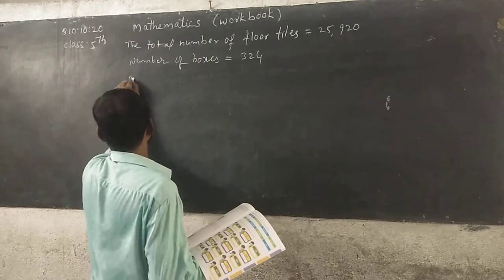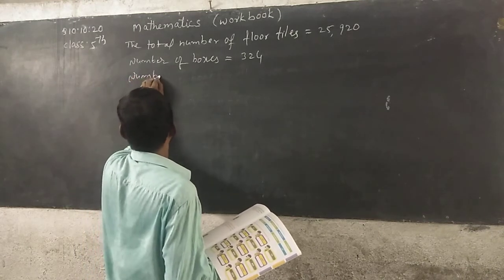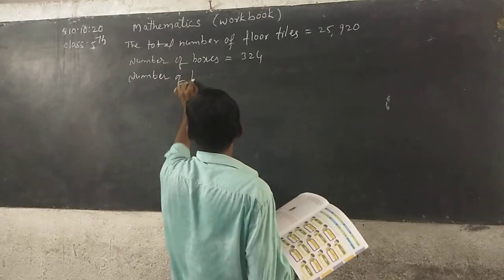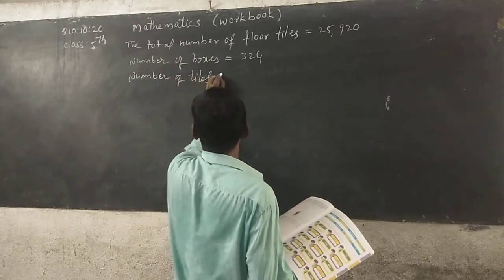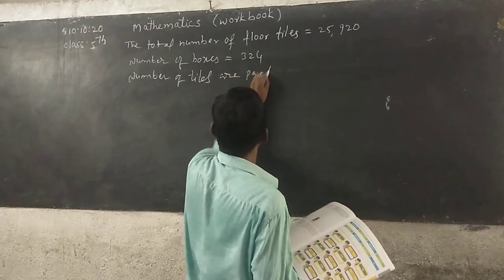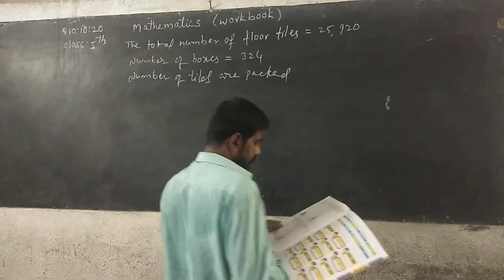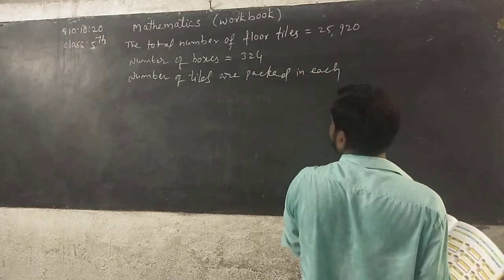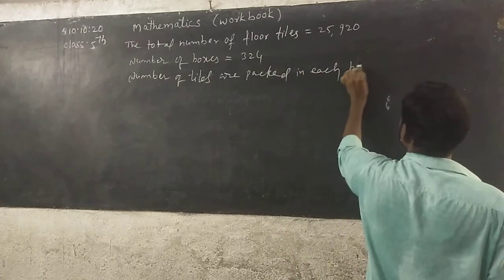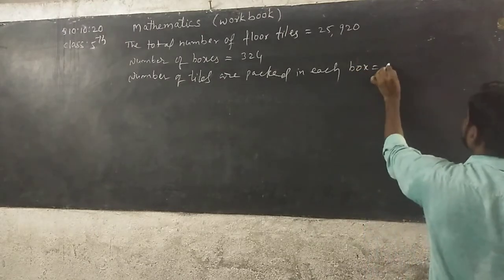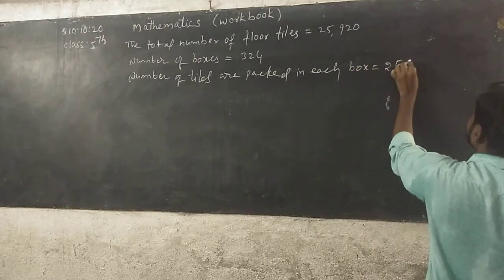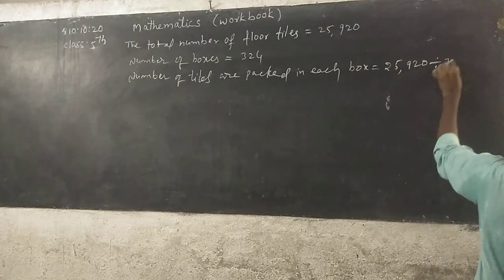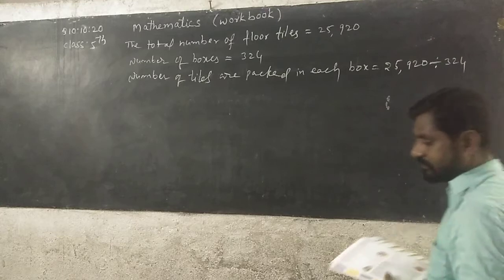Number of tiles packed in each box is equal to 25,920 divided by 324.